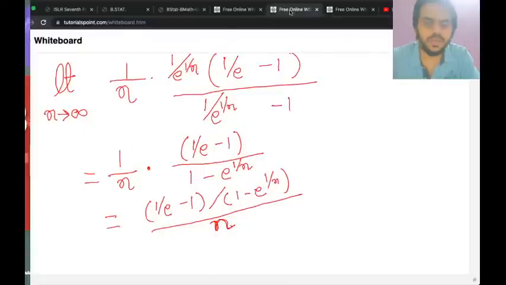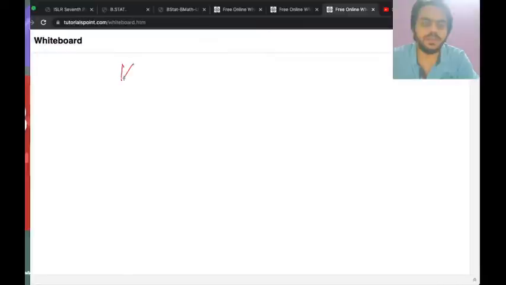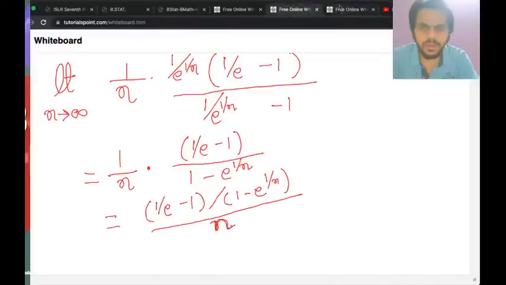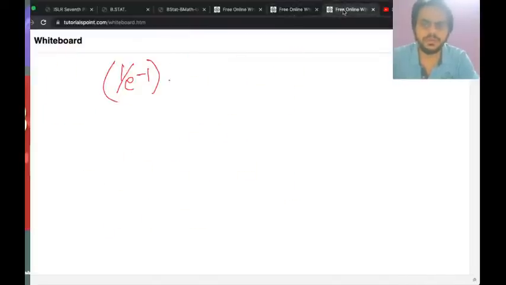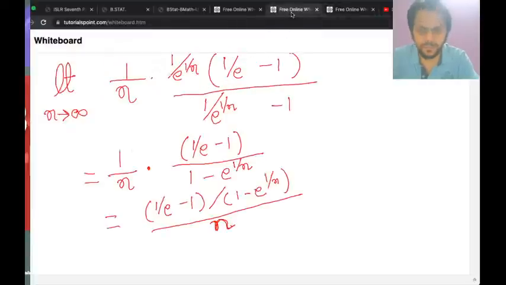What we can do now is take this constant thing common, so we will have 1 by e, and then 1 by 1 minus e to the power 1 by n, divided by n.